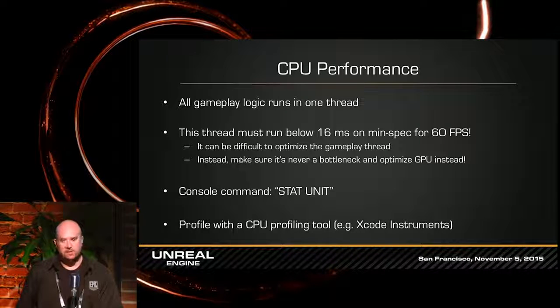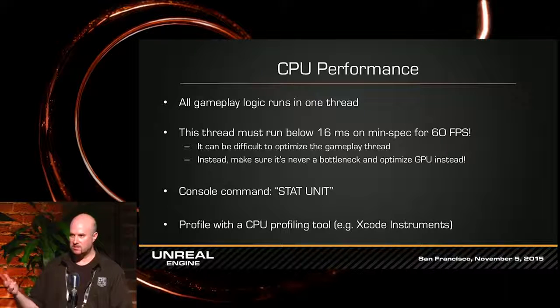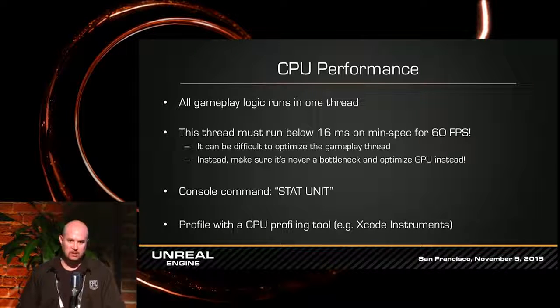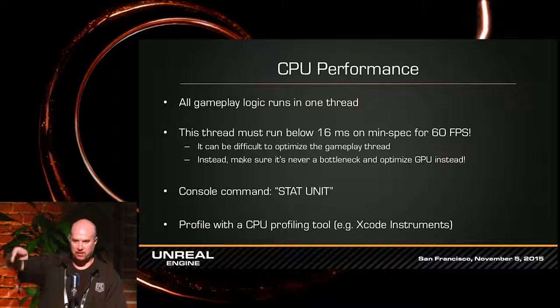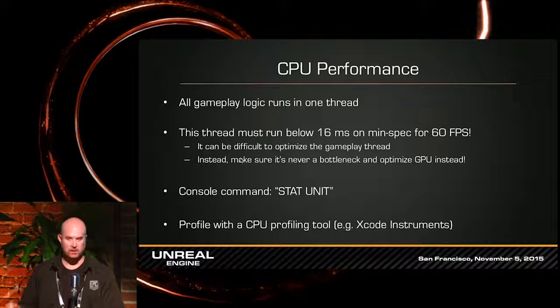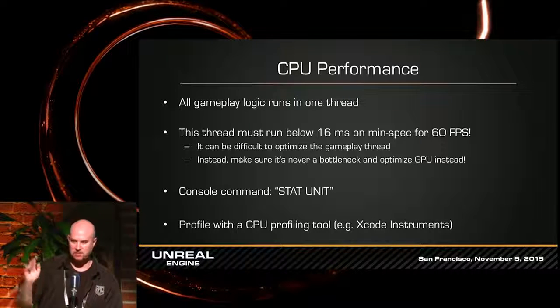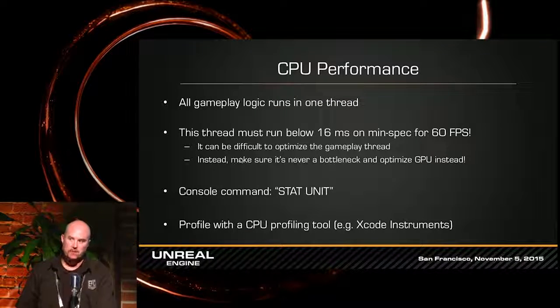We have a lot of stat systems in UE4 that you heard CCP refer to. You remember the charts where they had the game thread in a graph and the render thread in a graph and so on, lined up with game events. You can use that. You can also use specific CPU profilers like Xcode Instruments, the timing profiler.